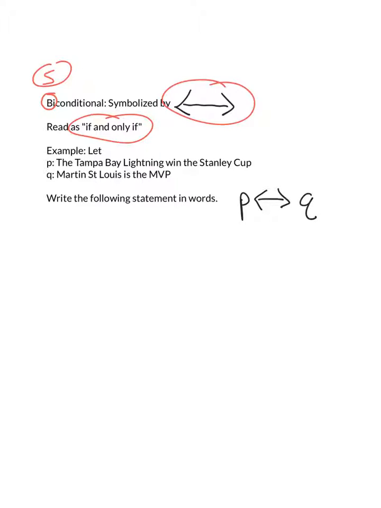If that, then this. For example, let's let P represent that the Tampa Bay Lightning win the Stanley Cup. Let Q represent that Martin St. Louis is the MVP. We want to write the following statement in words. P, if and only if, Q. So going left to right, I first see the letter P, which represents the Tampa Bay Lightning win the Stanley Cup.